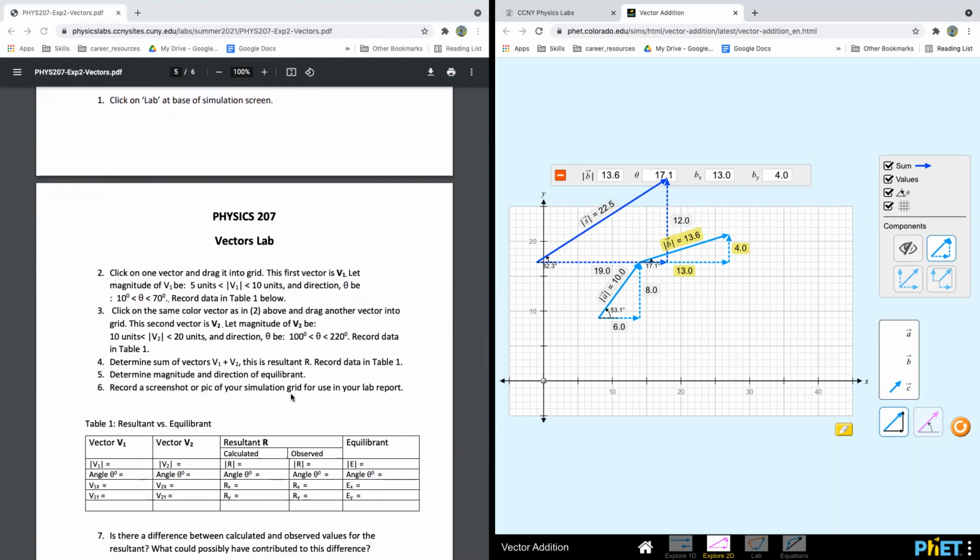When I mentioned you have to write some procedures is when you calculate something, let's say here I calculated R, the absolute value of R. You want to show your procedure, how you got this. You don't just give me a number like maybe it's 20. You give me the square root of a square plus b square equals 20.